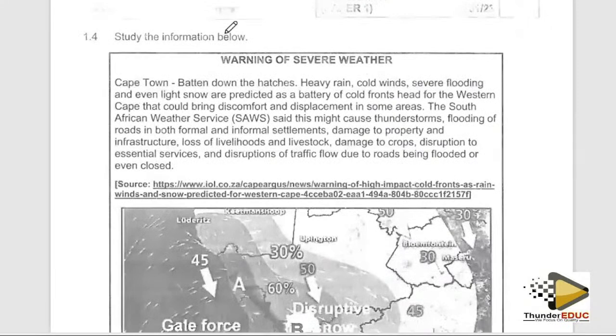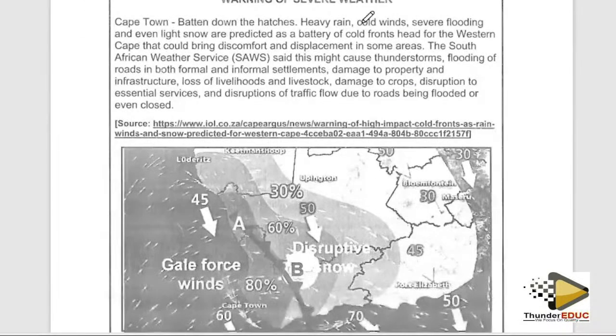Question 1.4 says, study the information below. Warning of severe weather. Cape Town, better batten down the hatches. Heavy rain, cold winds, severe flooding, and even light snow are predicted as a battery of cold fronts head to the Western Cape that could bring discomfort and displacement in some areas.